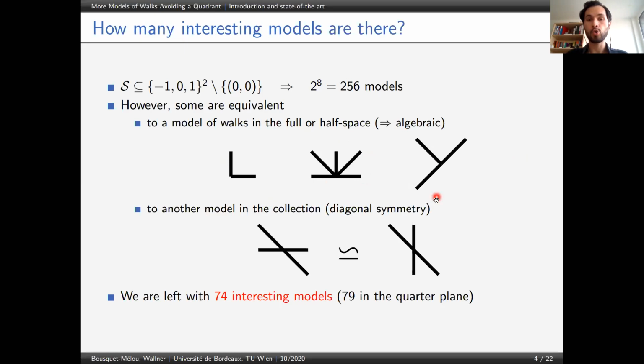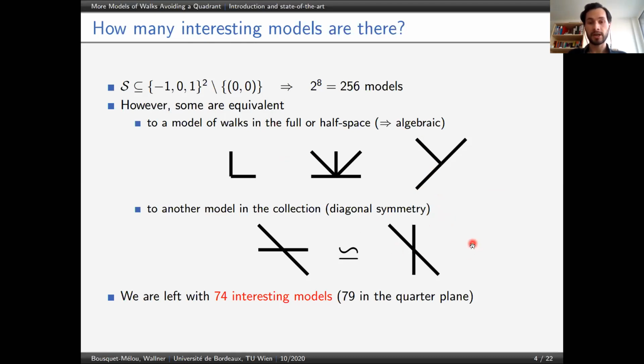And for this model here, only one of the boundaries is important. So we know that these cases either have rational generating functions or algebraic generating functions. Moreover, some of these models are equivalent to other models in the collection due to symmetry, like a diagonal symmetry, like for this case. Then we are left with 74 interesting models.